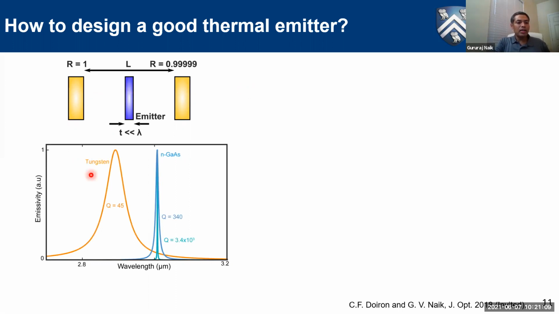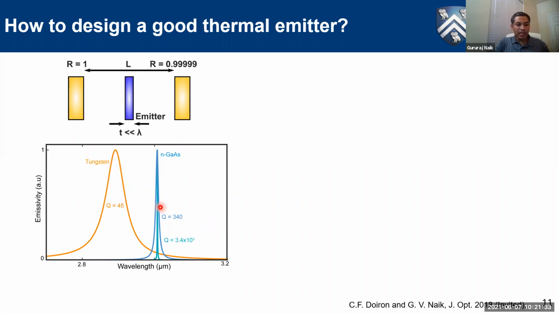Okay, if I were to plot the emissivity of this cavity while putting different materials in this cavity as emitters, so if I put tungsten, which is a lossy metal, for example, we get a Q factor of about 45. So Q factor is my proxy for suppression. If I get a Q factor of just about 45, that's the maximum I could get.